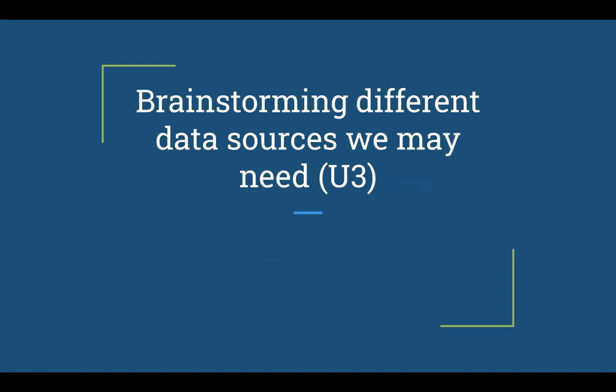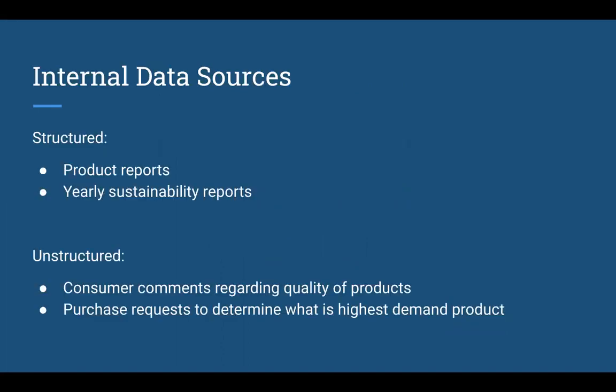So the first task in Use Case 3 was to brainstorm different data sources that we may need for our company. First, we're going to start with internal data sources. For structured sources, we decided on product reports and yearly sustainability reports. For unstructured sources, we decided on consumer comments regarding quality of products and purchase requests to determine what is highest in demand.